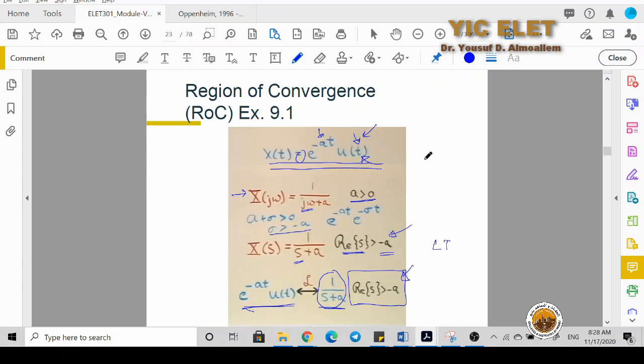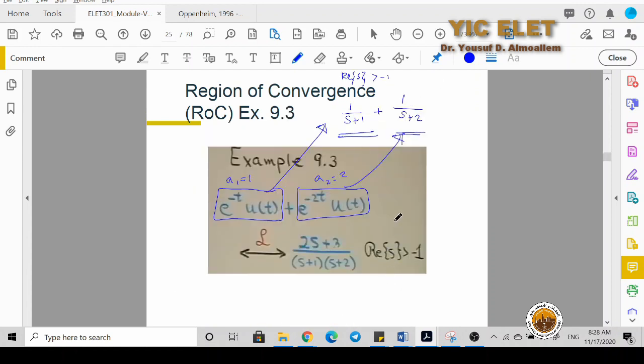This is what we had here. This is the first one. And here, the region of convergence is given by real part of s is greater than minus 2. So we have two regions of convergence. Which one should we get for the entire solution?